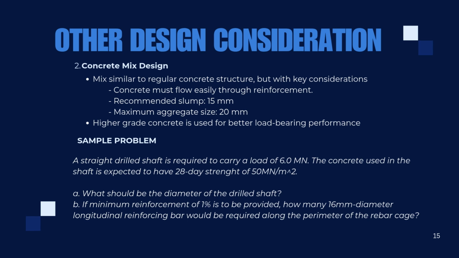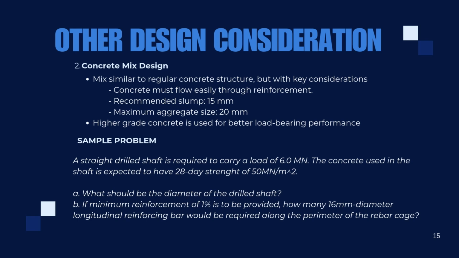To better understand, let us consider a sample problem. A straight drilled shaft is required to carry a load of 6 meganewtons and the concrete has a 28-day compressive strength of 50 meganewtons per square meter. Question A. What should be the diameter of the drilled shaft?